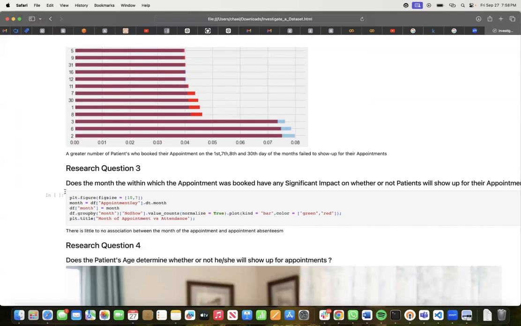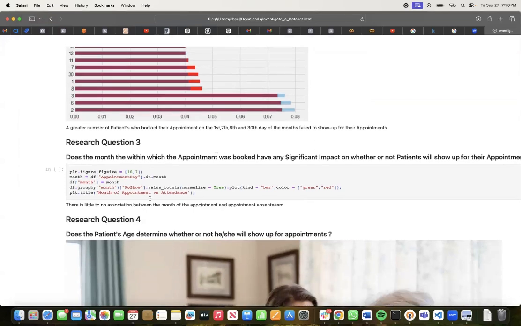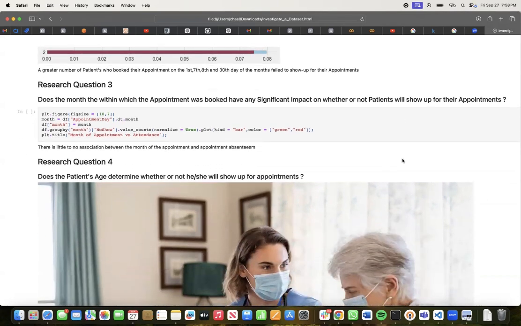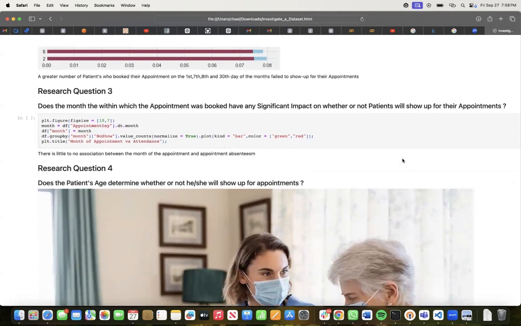But then we are still not done with the research questions we stated. Now we go ahead to ask, does the month within which the appointment was booked have any significant impact on whether or not the patient will show up for the appointment? And how do we answer that? Oh, I'm sorry, the graph didn't come here.